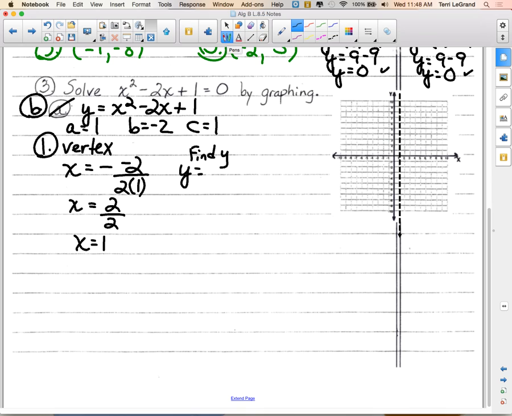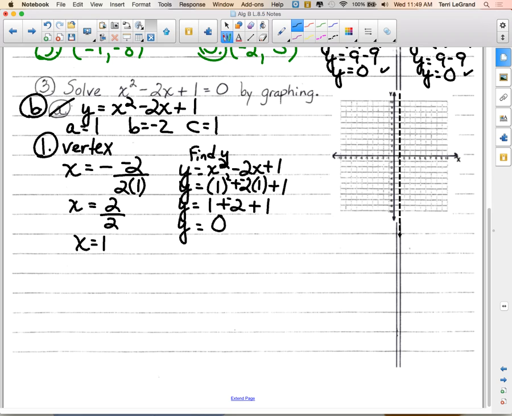Now I will go and find my y. Aren't you supposed to find what out of 0 or 1 for C?